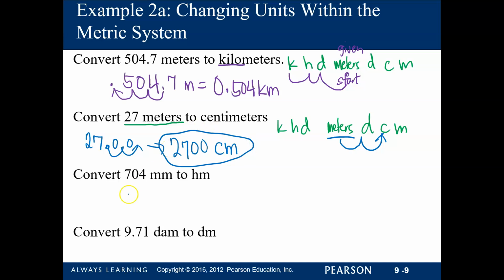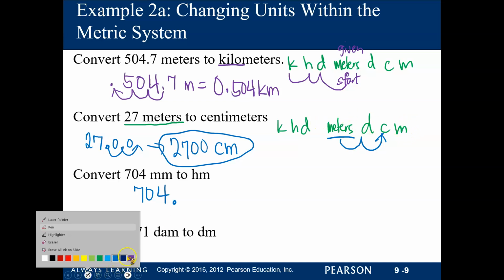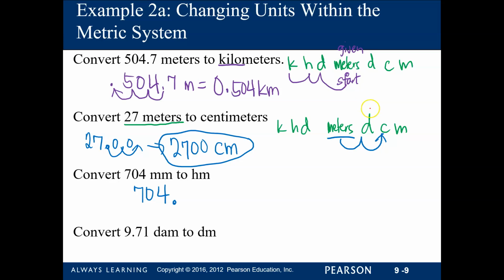Okay? 704 millimeters. So 704 decimal point is right over here. From millimeters, so milli is over here. Okay? So from milli, we start here. We need to go to H. So over here. So how many jumps? 1, 2, 3, 4, 5.